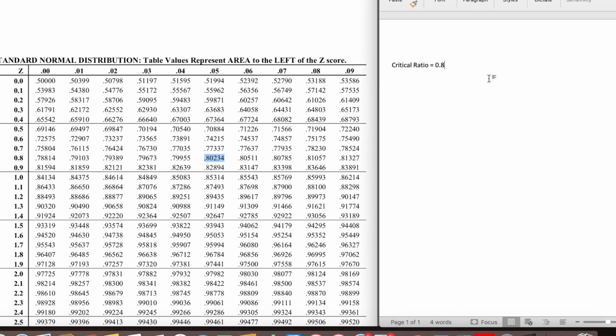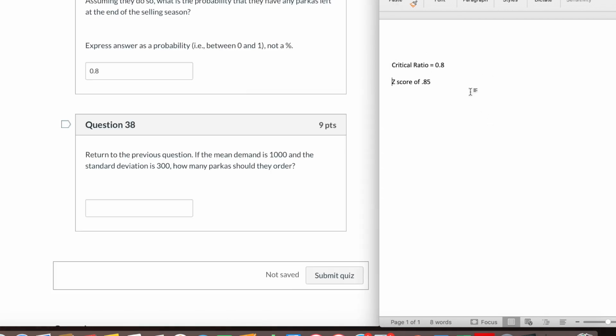So it's 0.85, a z-score of 0.85. Now we also want to write out the information we were already given. So demand is 1,000, standard deviation is 300.